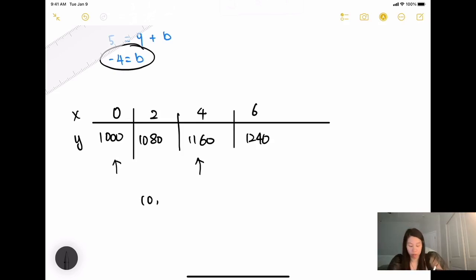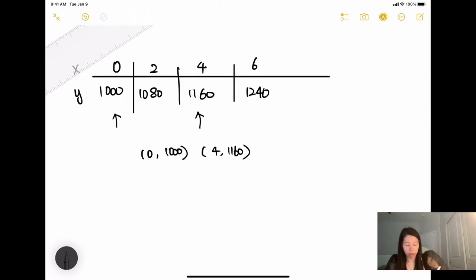So I have a 0 and a 1000. And then the second pair is 4 and 1160. And now I want to calculate the slope. Again, (x1, f(x1)), (x2, f(x2)).